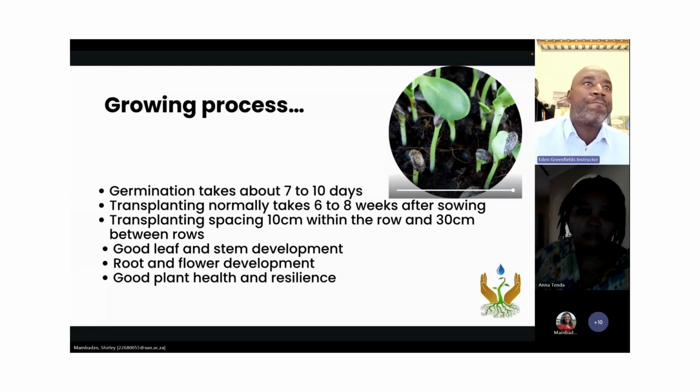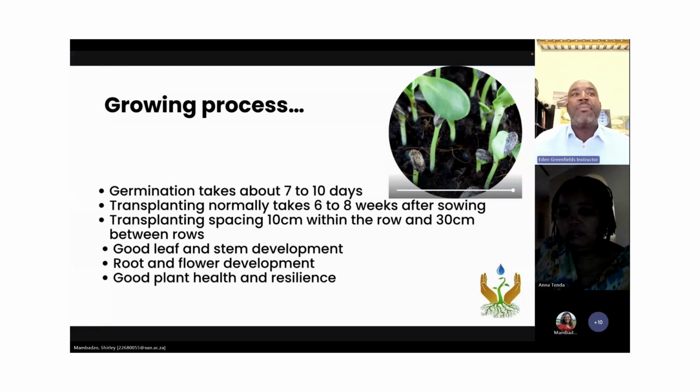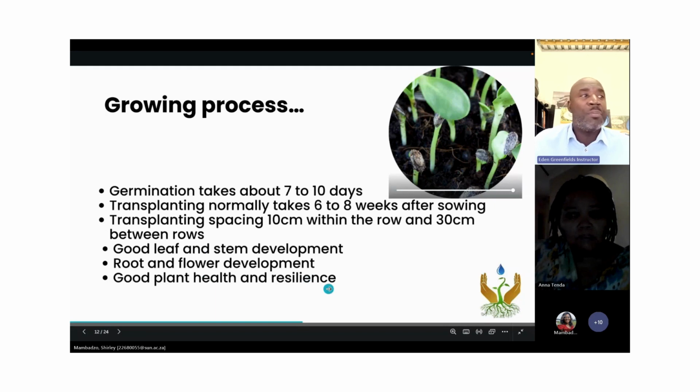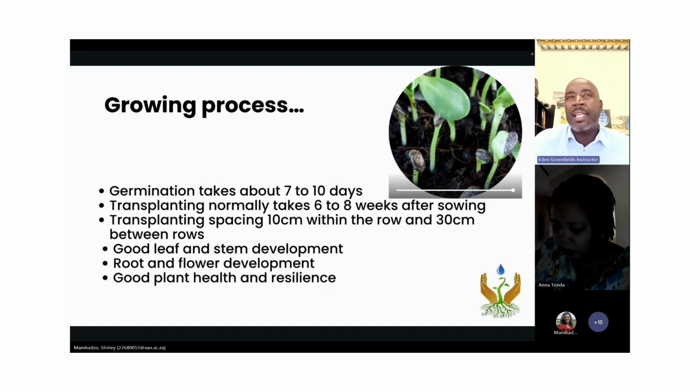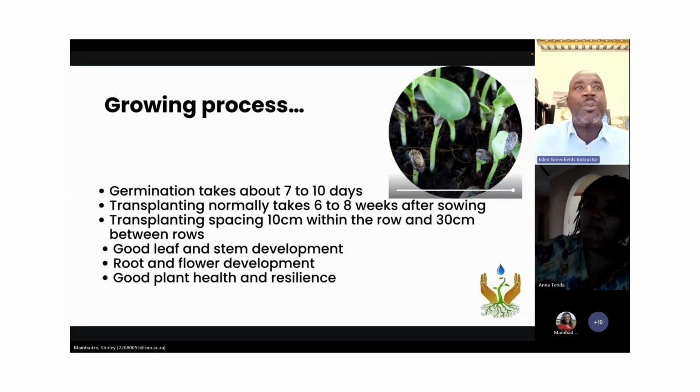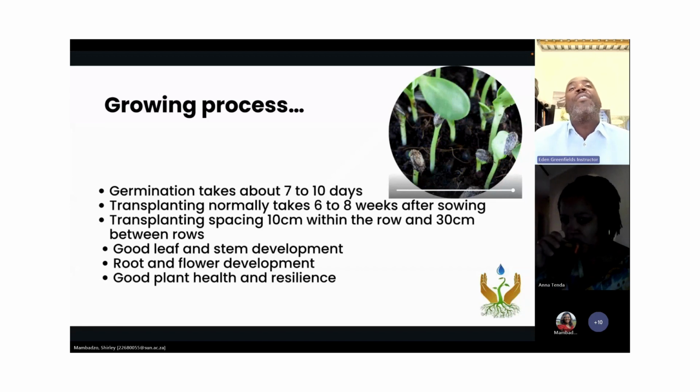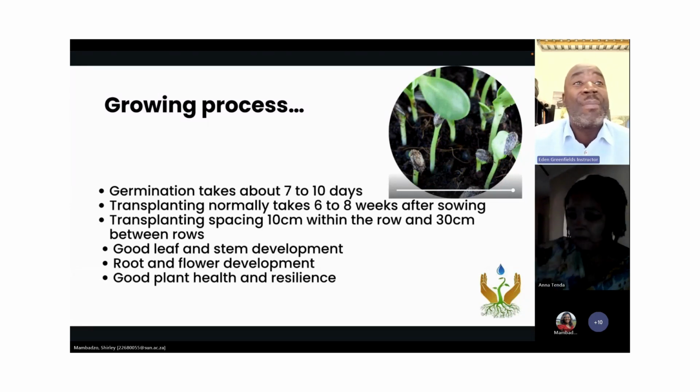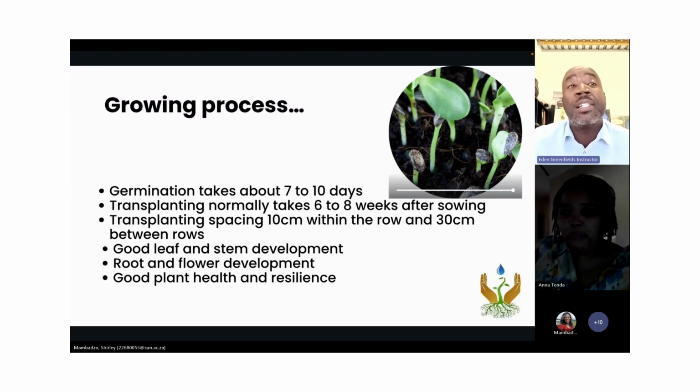Then good leaf and stem development actually refers to our fertilizers, right? Remember we mentioned NPK: nitrogen, phosphorus, and potassium. Nitrogen is good for leaf and stem development. Phosphorus, root and flower development.